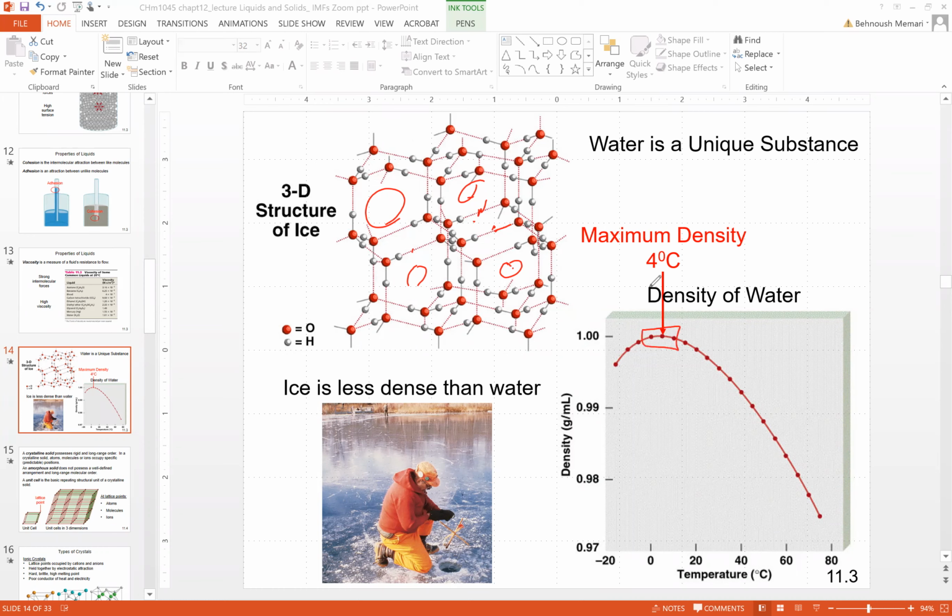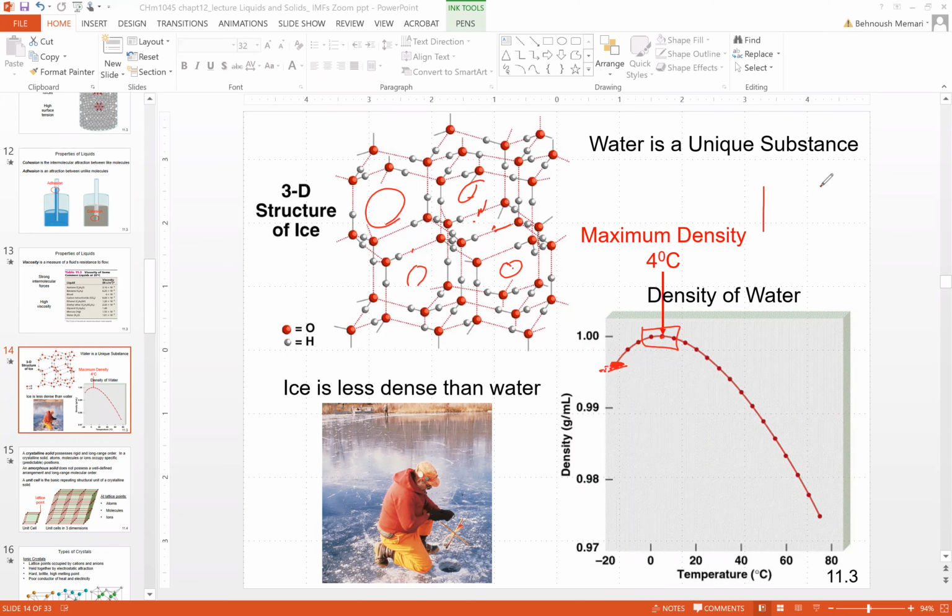That's why at 4 degrees Celsius the density of the water is the highest. If you lower the temperature, at -20 right here, the density is going to be lower. And that makes sense, right?